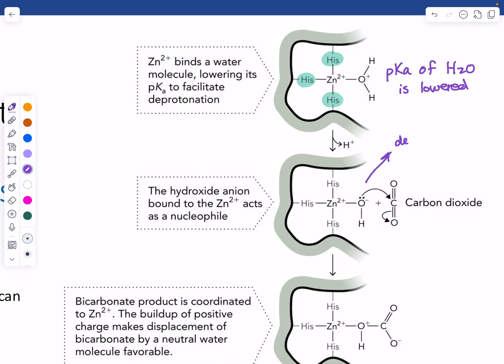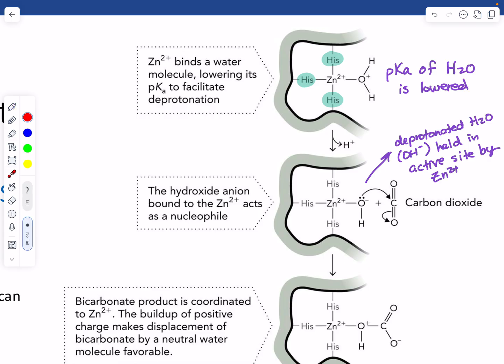So the deprotonated water, otherwise known as a hydroxide ion, is held in the active site by the zinc. Okay, and so now what happens is this hydroxide can do the nucleophilic attack, right?